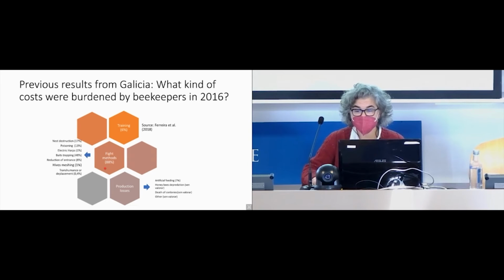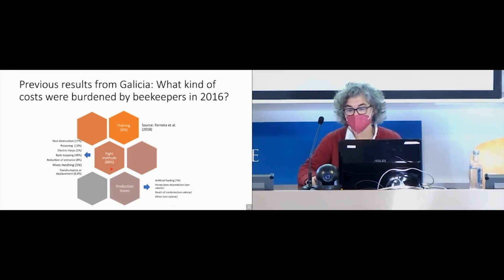The different methods have been accounted for 88% of the total costs, and production losses only 7%, because we only value, or were able to value, the artificial feeding for that.